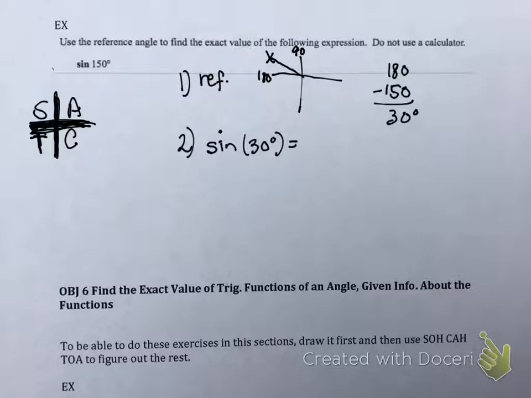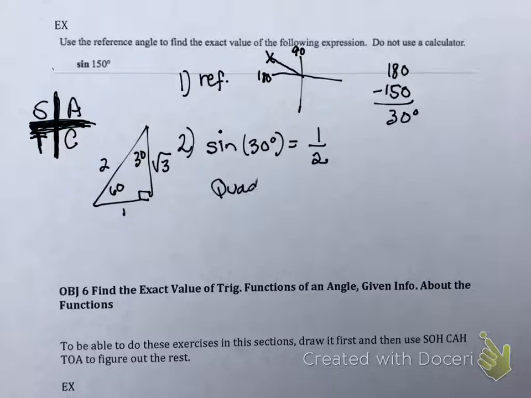And sine at 30 degrees, once again, you can use your triangle. Sine at 30 degrees is opposite over hypotenuse, so that equals 1/2. And I'm in quadrant 2. Okay, so is sine positive or negative in quadrant 2? It is positive because it's in quadrant 2, so therefore my answer is positive 1/2.